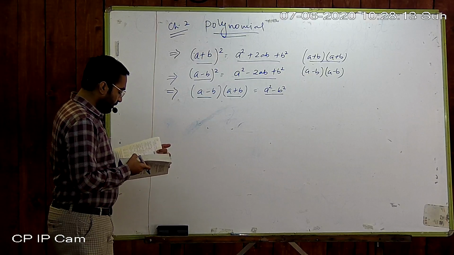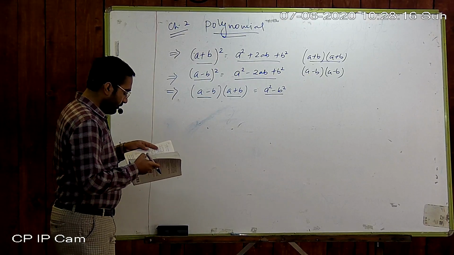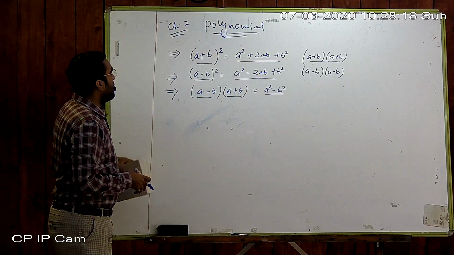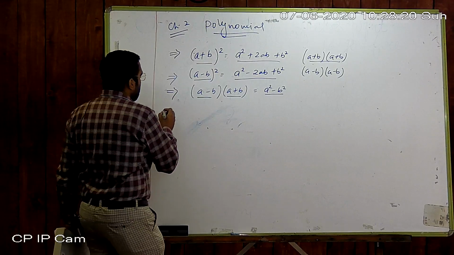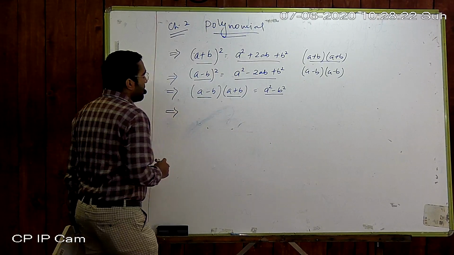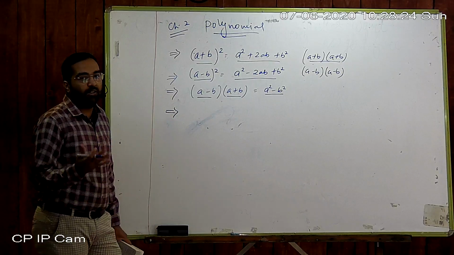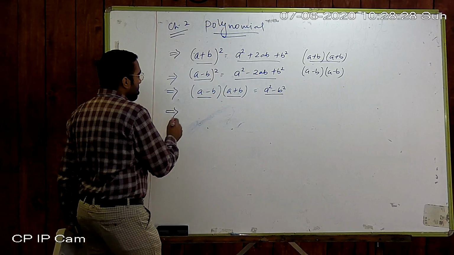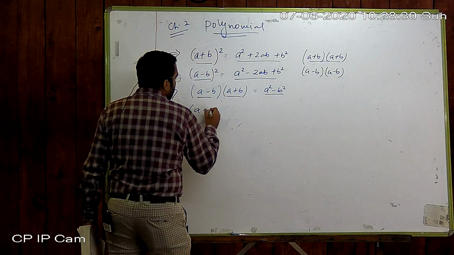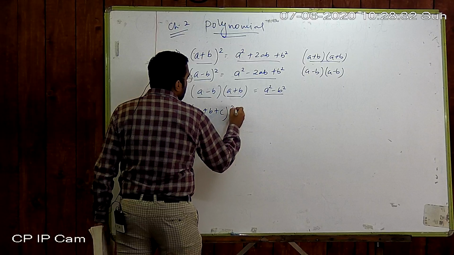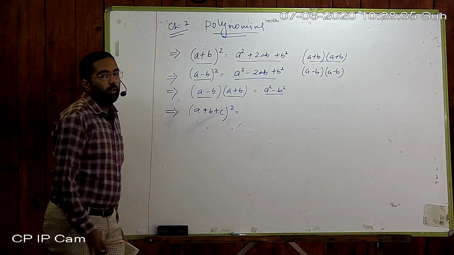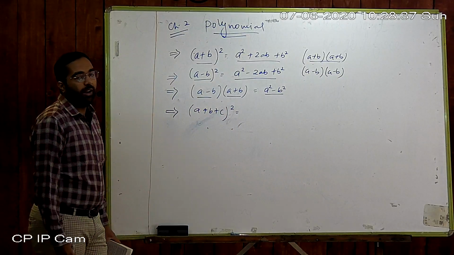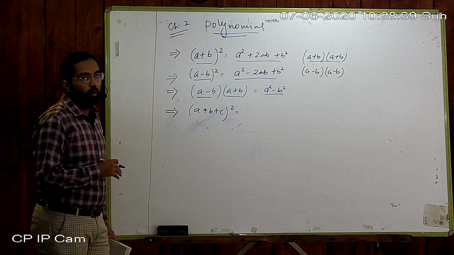Now we can write the other formulas. Now from this you have to learn new formulas of the algebraic expression or polynomials. First is a plus b plus c whole square, trinomial, and that's the whole square.